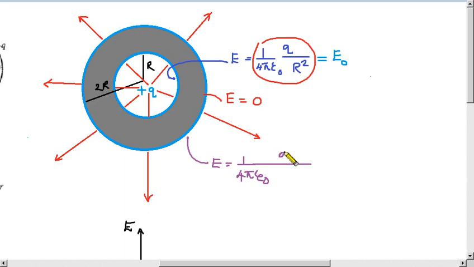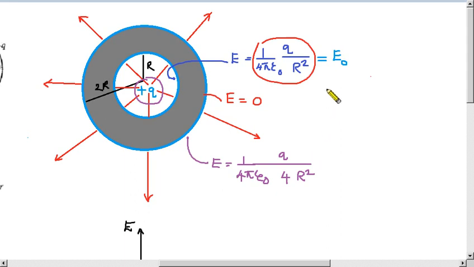So q divided by, now the distance is 2r, so 2r squared. So 2 times 2 is 4 times r squared we get. So this field intensity is generated by this same simple q.